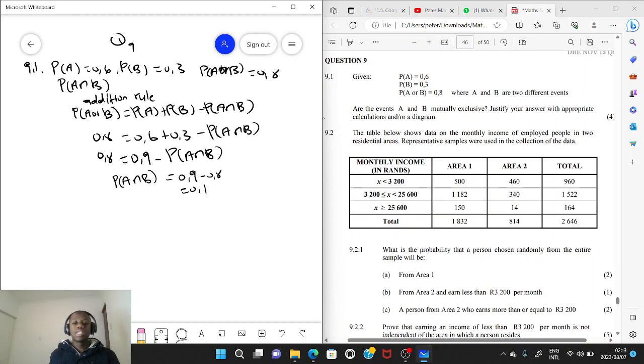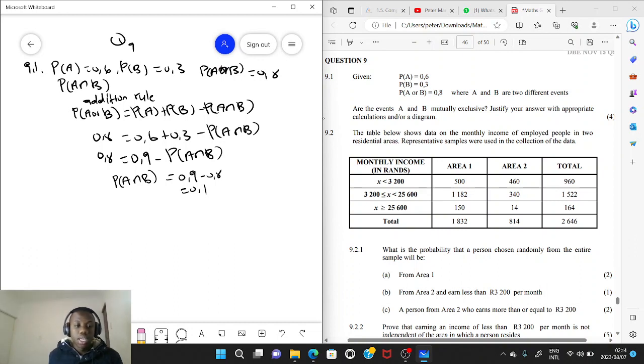Now the question stated: are events A and B mutually exclusive? Looking at the probability of A and B, it is not equivalent to 0.